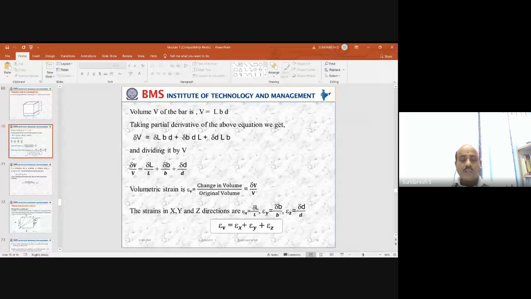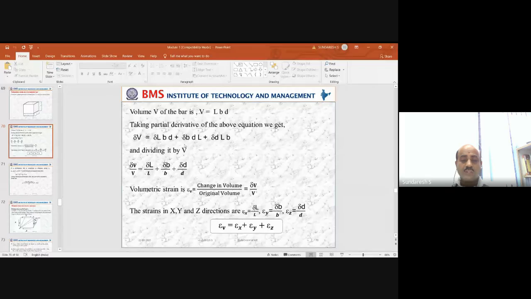which is equal to the first term, delta L into B into D. If you divide this by V, V is nothing but L into B into D. Am I right? So with L into B into D in the denominator for this term, B into D gets cancelled and the remaining term in the denominator will be L. Therefore, the first term becomes delta L by L. Am I right?